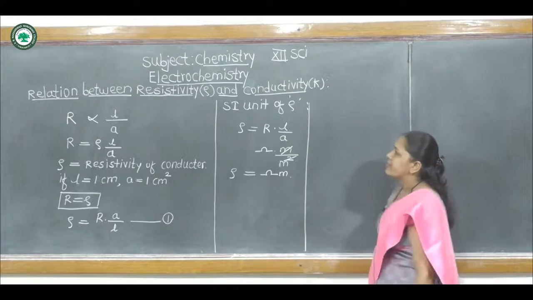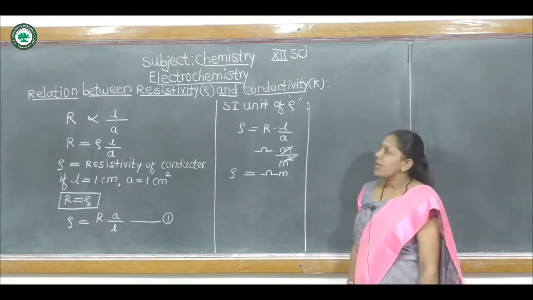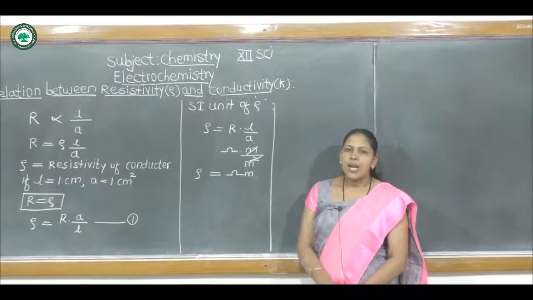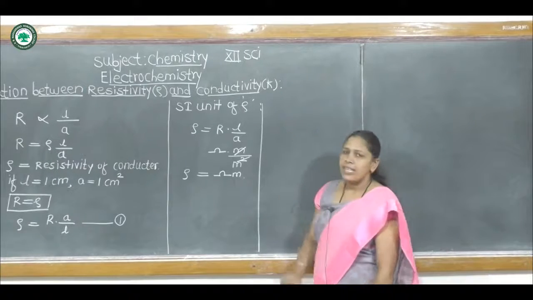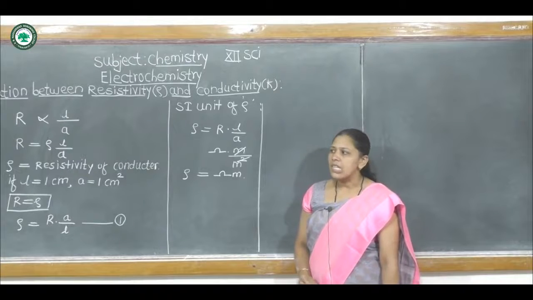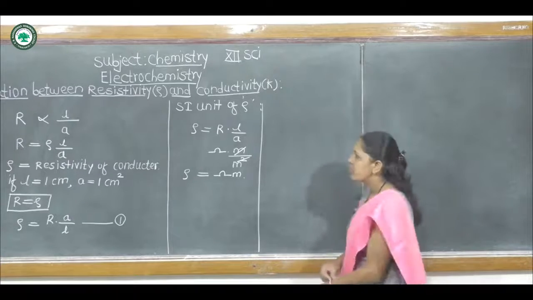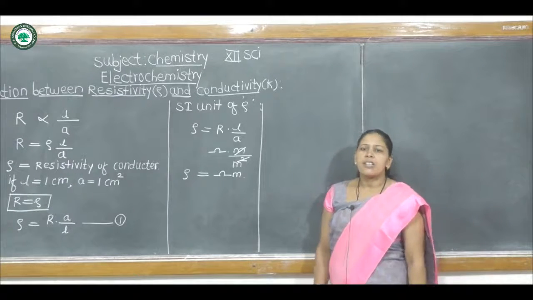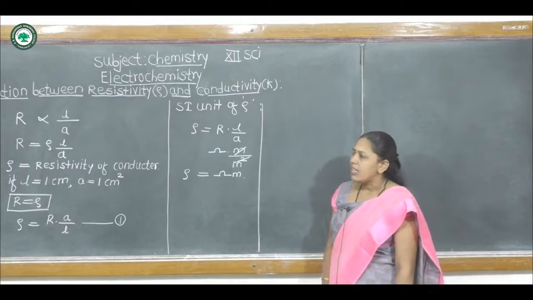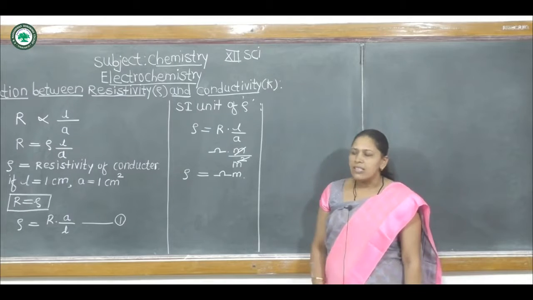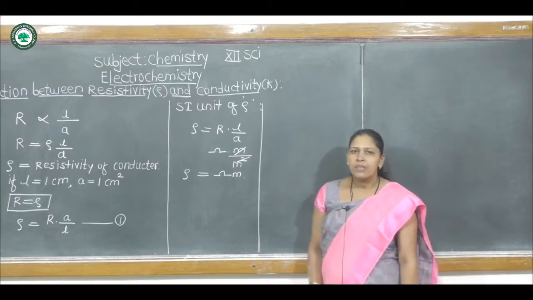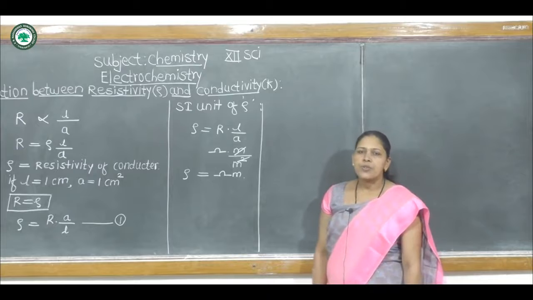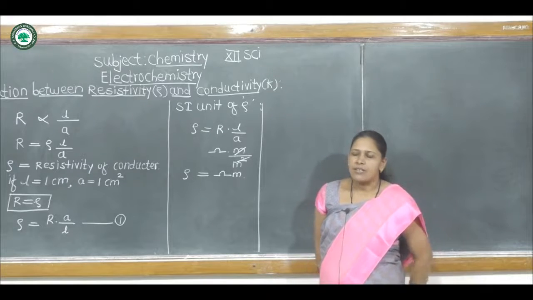Then next, what is meant by conductivity? Conductivity is denoted by K and conductance is denoted by capital G. Conductance of any conductor is directly proportional to area of cross section of the conductor and inversely proportional to length of the conductor.